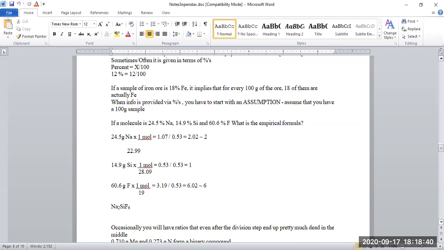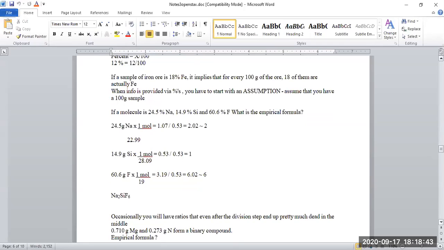And it starts the same way the previous problems do. You're dividing by the number from the periodic table. So sodium gets divided by 22.99. Silicon gets divided by 28.09. Fluorine gets divided by 19.